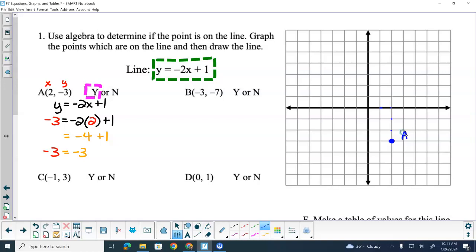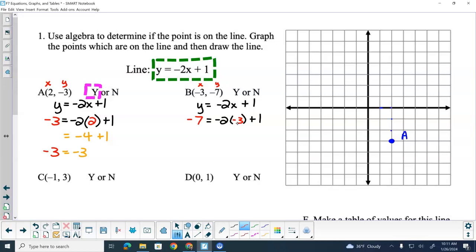B, then. Now my x is negative 3. My y is negative 7. My y was negative 7. My x was negative 3. Negative 2 times negative 3. Positive 6. Yep.